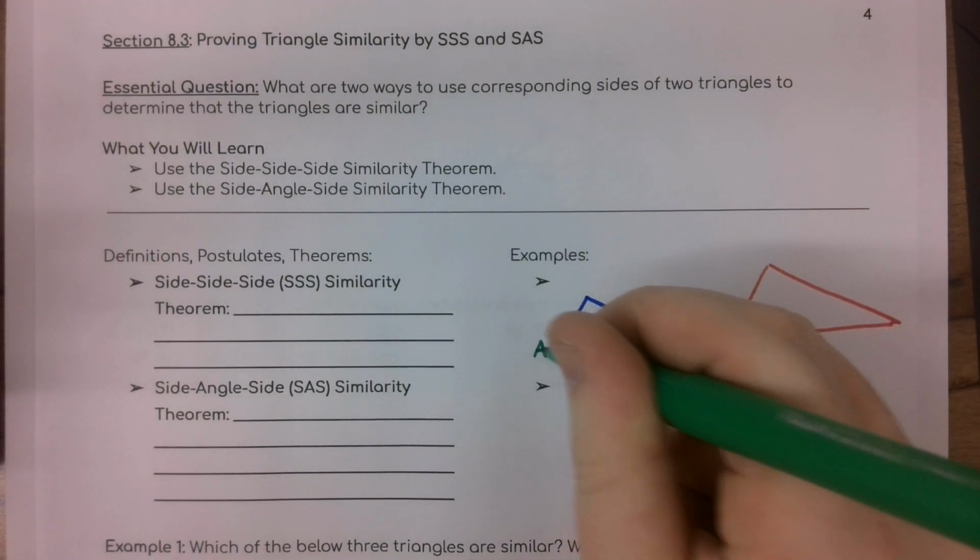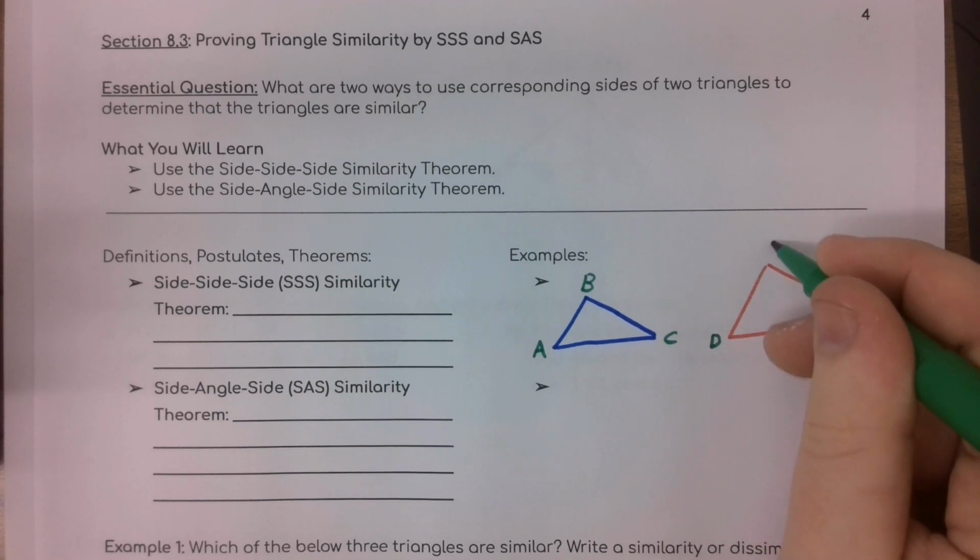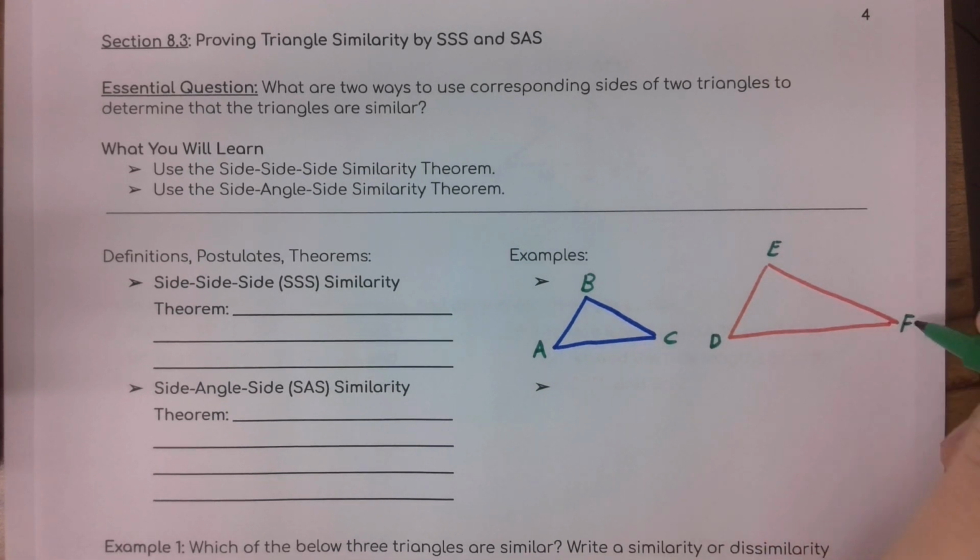So this is triangle A, B, C. This one is D, E, F. The idea here is this. If we can compare the different side lengths of these and know that they are proportional to each other, the two triangles are similar. Now, as a reminder, what does proportional mean?